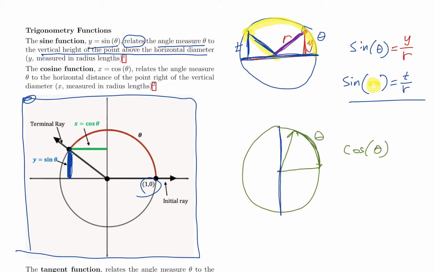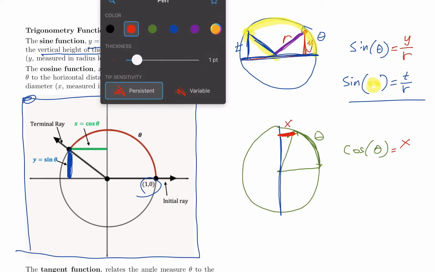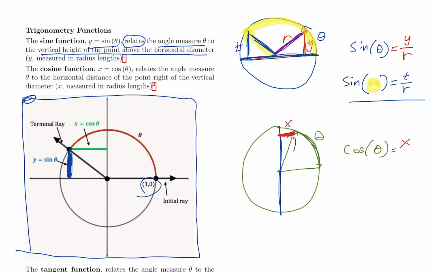And we measure horizontal distance from this end of the terminal ray to vertical diameter. So we measure this distance right here, this red segment. So let's call this segment x. X measured in radius length. That means we divide by radius length, r, x divided by r. So cosine is measuring horizontal distance from vertical diameter, measured in radius length.